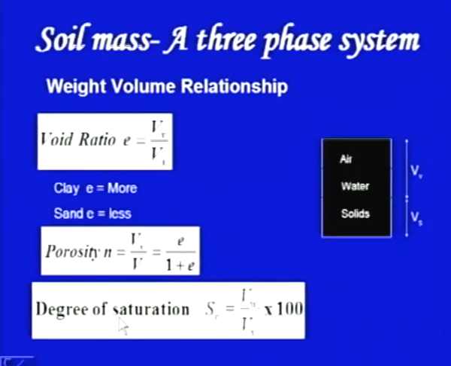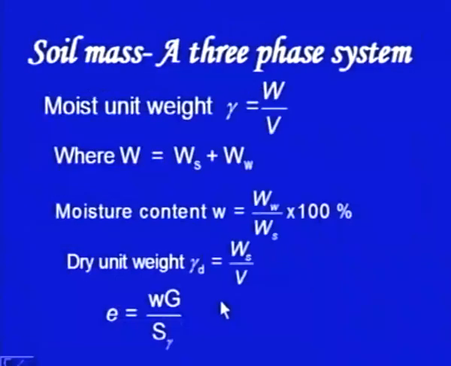Another term is degree of saturation, which gives the idea of how much proportion of the total voids are filled up with water. So, Sr is defined as the volume of water which is present divided by the total volume of voids, and it is represented as a percentage. The other expressions are, first, unit weight.